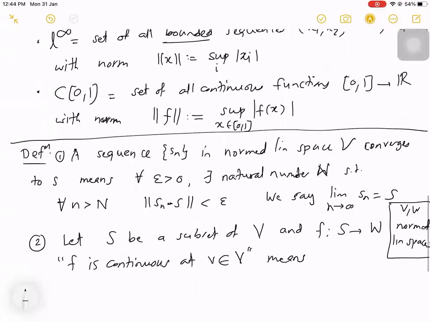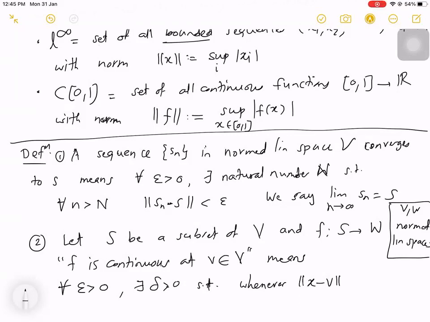What does this mean? You must have meditated a lot on this definition last semester, I hope. For all epsilon greater than 0, there exists delta greater than 0, such that whenever the norm of x minus V is less than delta, the norm of f of V minus f of x is less than epsilon.